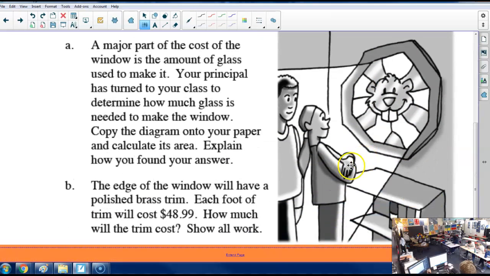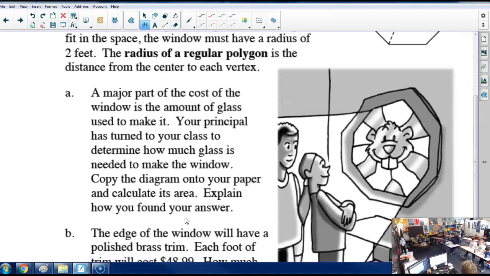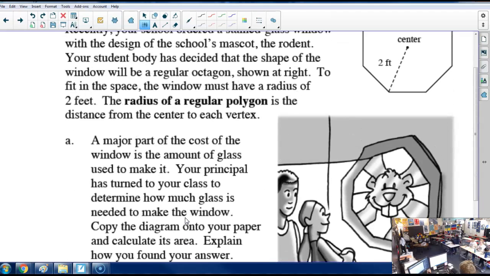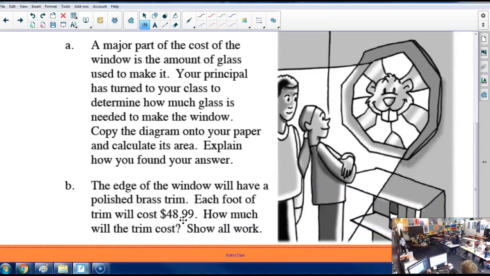They know that stained glass will cost them $48.99 for the trim work. Trim work goes around the window. So, 2 questions. A, what's the area of the window? B, what's the perimeter? Because then we'll figure out how much the trim work costs.